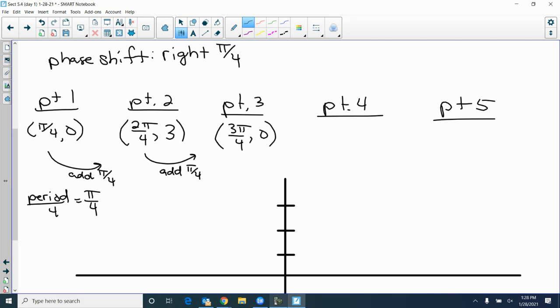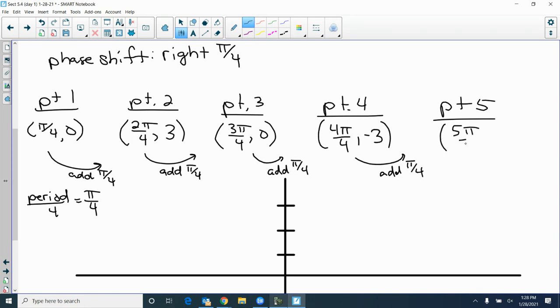But it's now at 0, because that's that third point. And then I add another pi over 4, which takes me to 4 pi over 4, which is pi. And now I'll go down to negative 3, add another pi over 4. And then I get 5 pi over 4, 0. You need to graph just those 5 points.